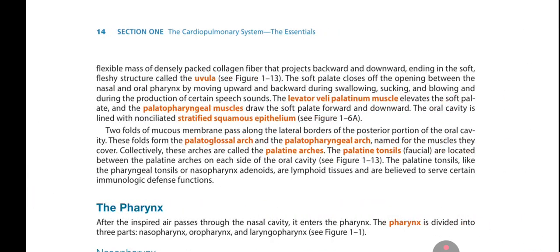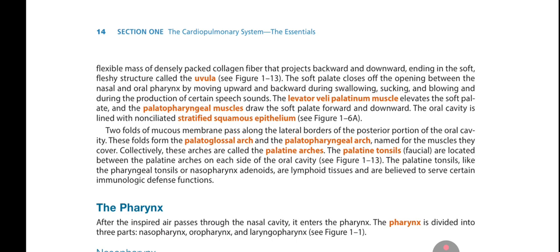Okay, so the soft palate closes off the opening, moving upwards between the nasal and the oral pharynx during swallowing.